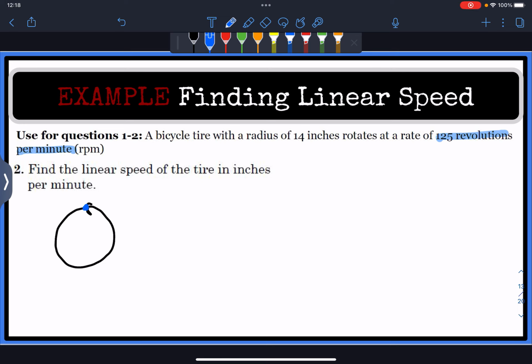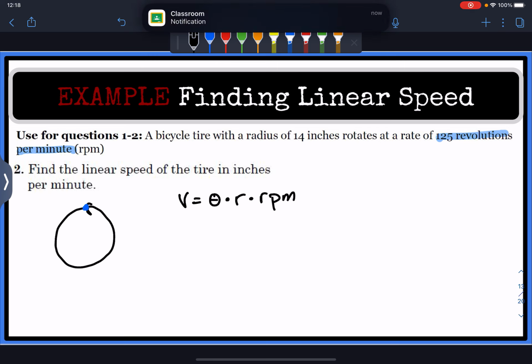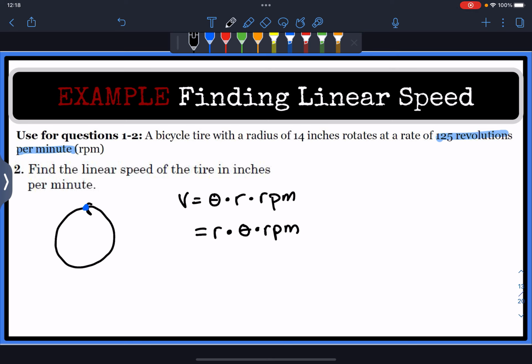So the way we're going to calculate this, V, is by multiplying our central angle times our radius times our RPMs. If you look at this again and I rearrange the variables in this formula and put theta with RPMs, our central angle with RPMs, well, we've done this before.